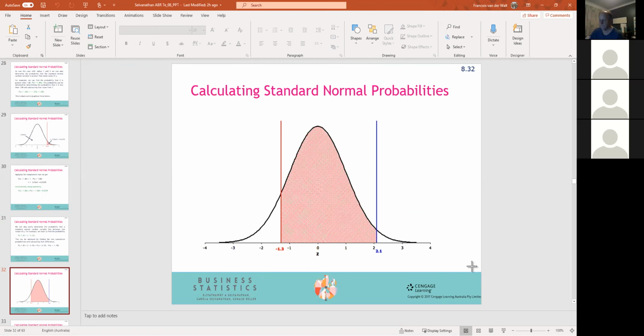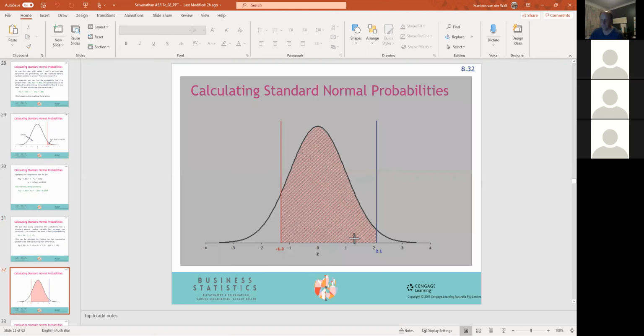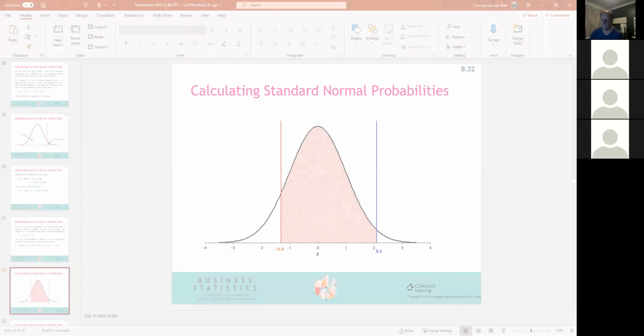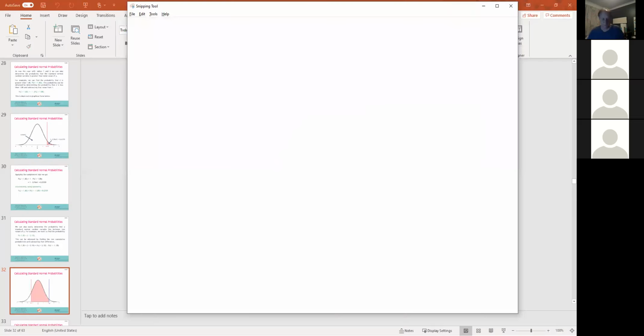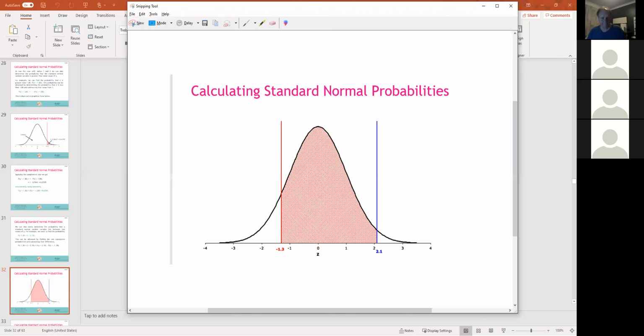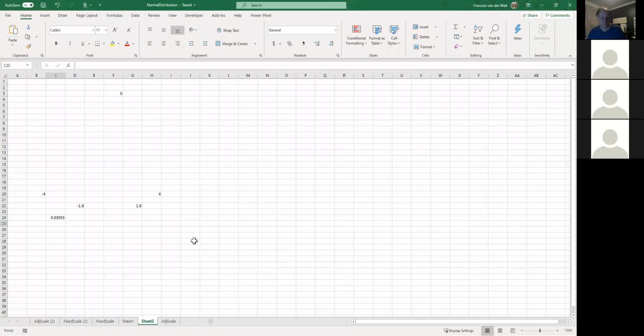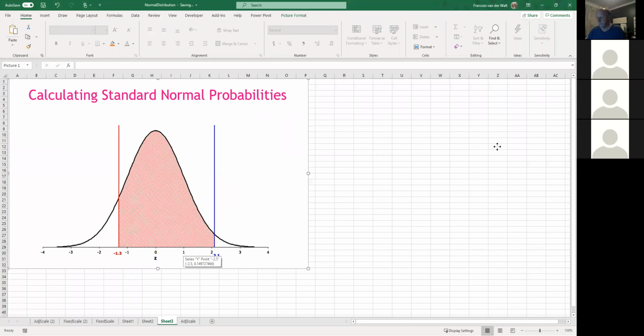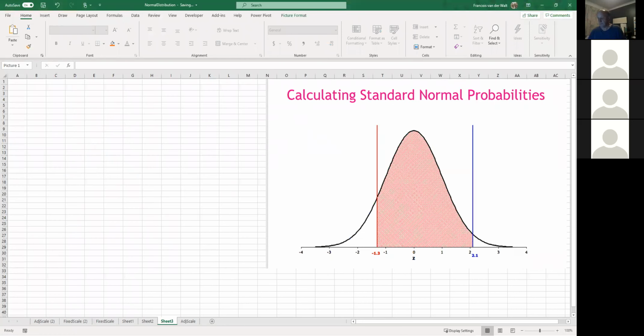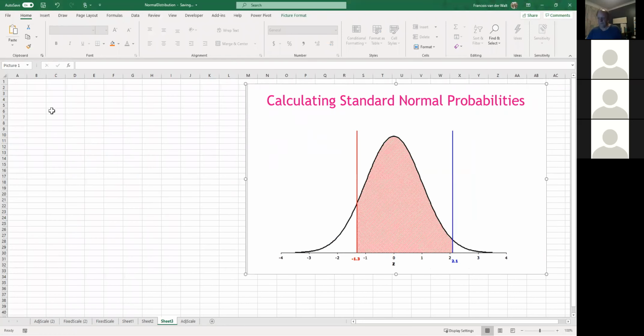Okay, I'm just taking this to my Excel spreadsheet. Give us another sheet. Okay, I'm not going to try and redraw this graph. You guys know what it is.